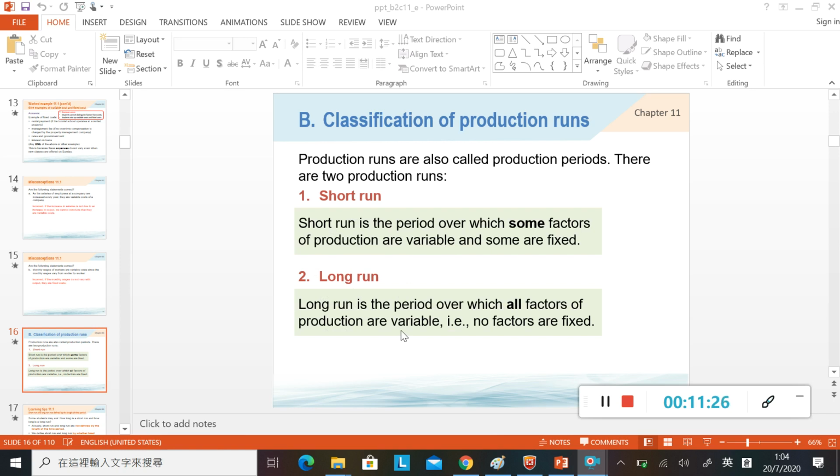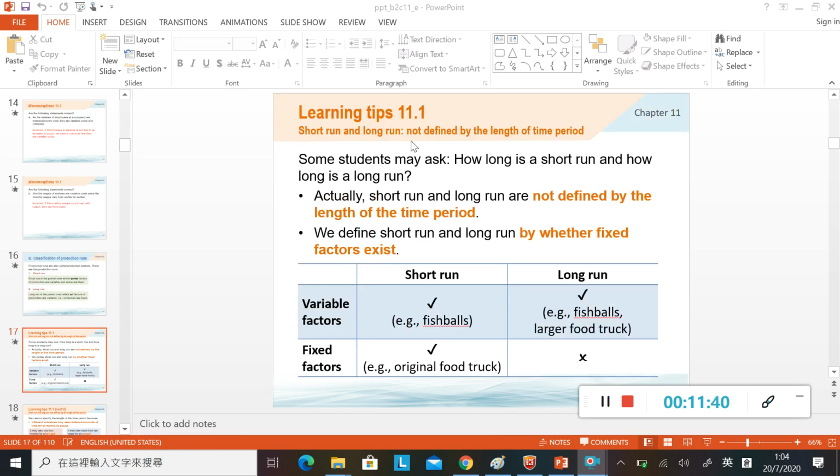如果係 long run 咧，就係講緊全部你用嘅 factors 都係 variable factors 嚟嘅。已經冇 fixed factors 啦。咁我哋就叫佢做 long run。好啦，呢度個 learning tips 大家要留意嘅。Some students may ask how long is a short run and how long is a long run.